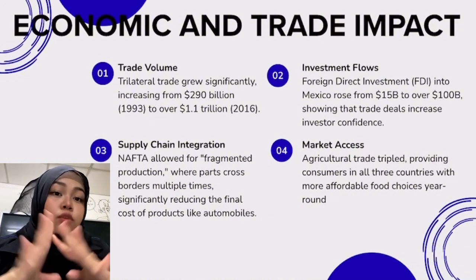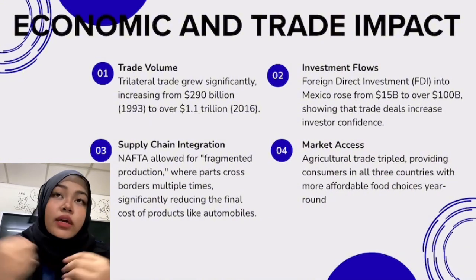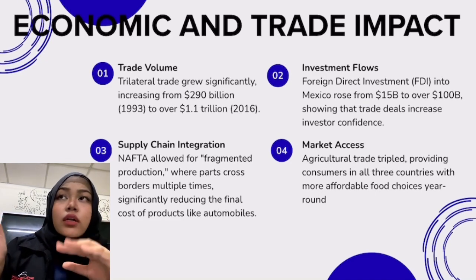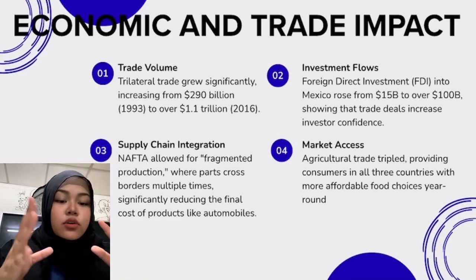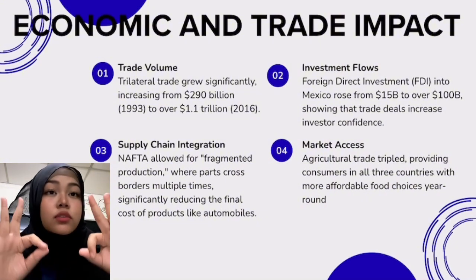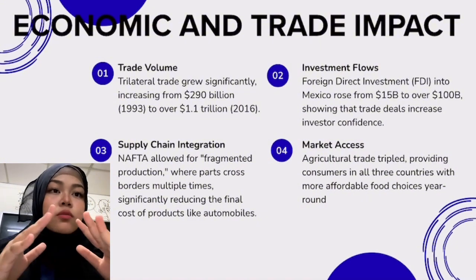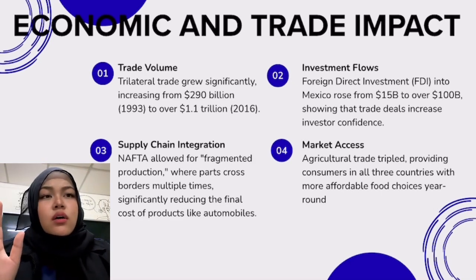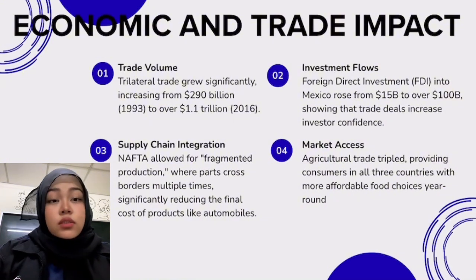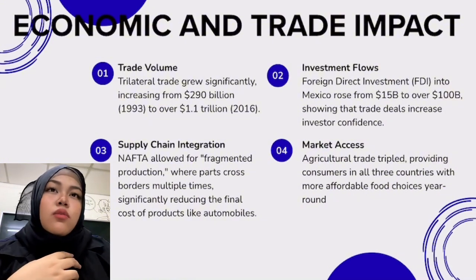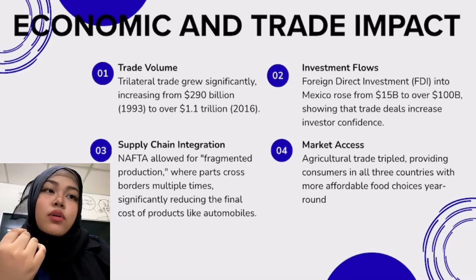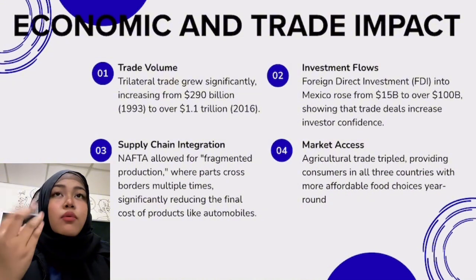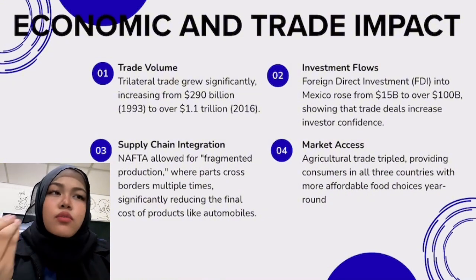Okay, so for number 4, which is market access. Agriculture trade provides consumers in all 3 countries with more affordable food choices year-round. NAFTA made it easier to sell products across borders, so for example, consumers get products across borders, with more product choices, and some goods become cheaper.